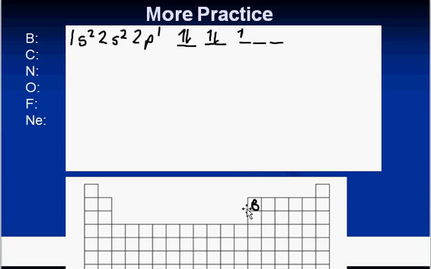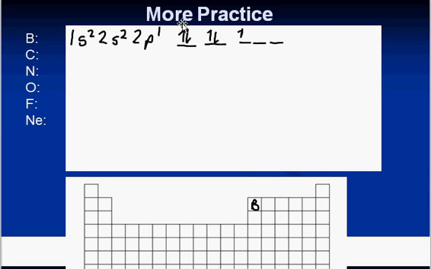So when I write my electron configuration, I go 1s2, 2s2, 2p1. So I filled my first energy level, I started my second energy level, but I filled my 2s energy level. And I'm going over here to where my p block starts. So now I'm at second energy level, 2, p block, and I only have 1 electron that's in that p block.